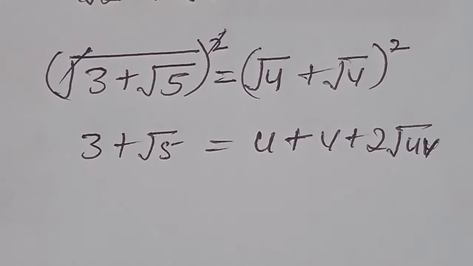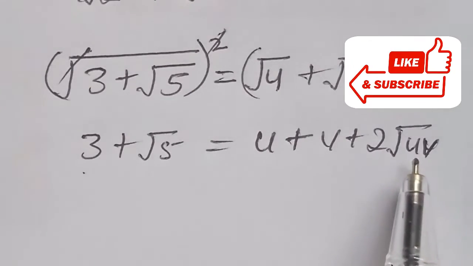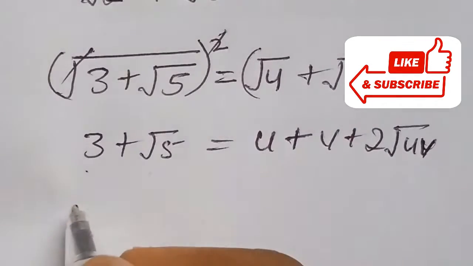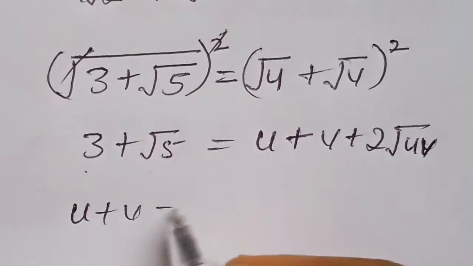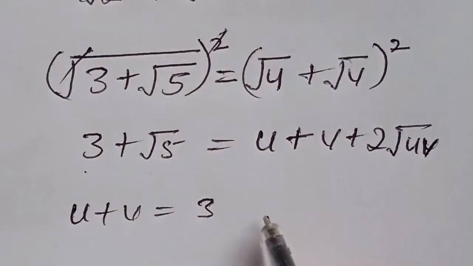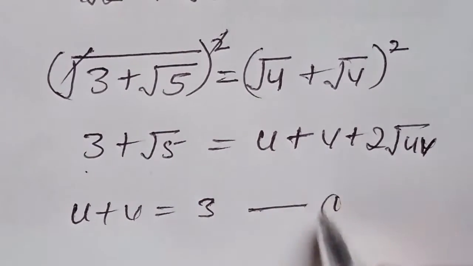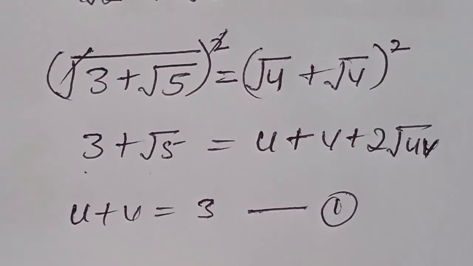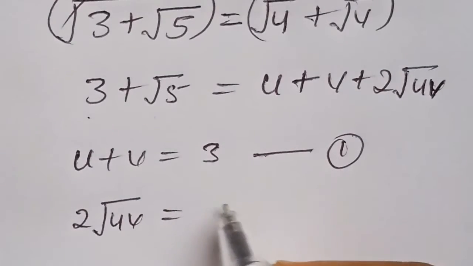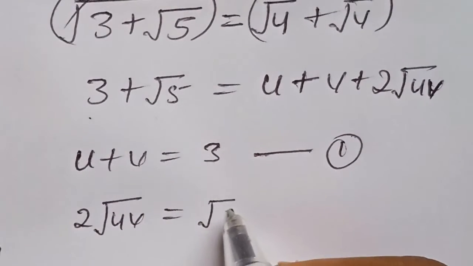So from here, we equate the rational part with the rational part and the radical part with the radical part. So we have u plus v will now be equal to 3. This will serve as equation 1. Likewise, we have 2 square root of uv will be equal to square root of 5.